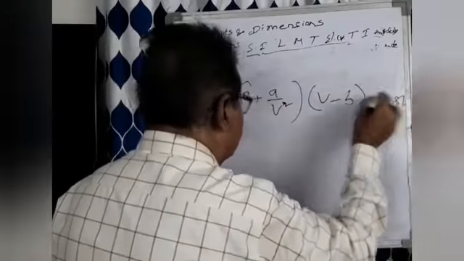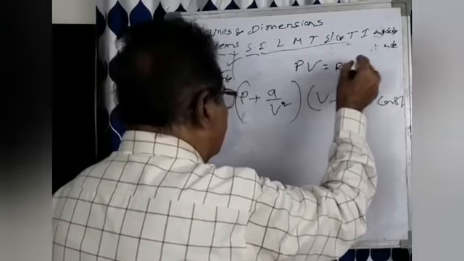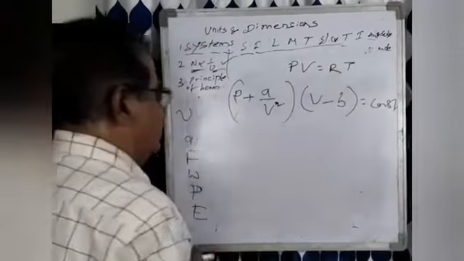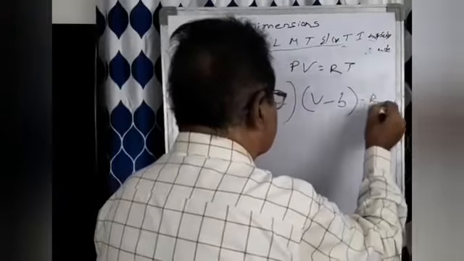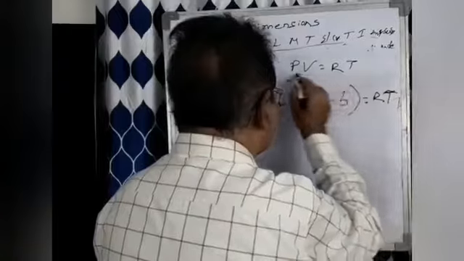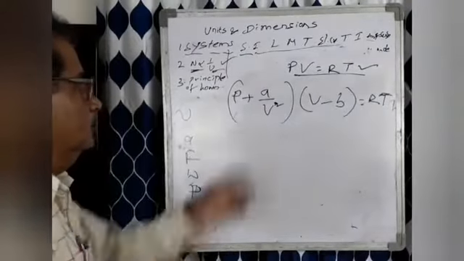It is not simply PV is equal to constant or PV is equal to RT. This is not absolutely right. With certain assumptions it is written.